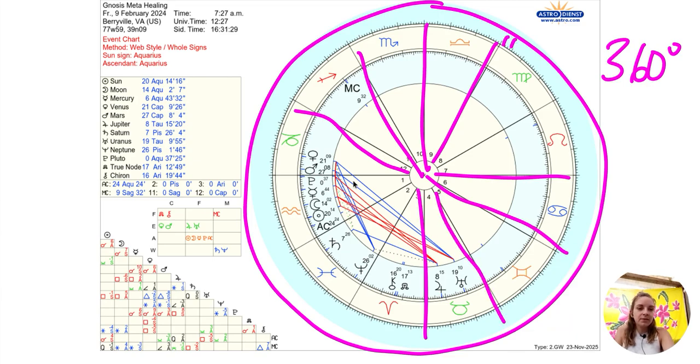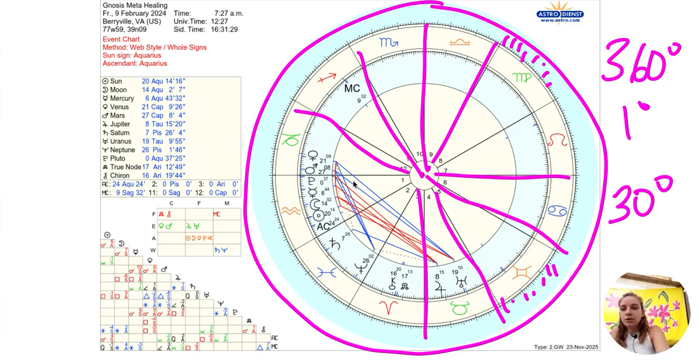So you can see these little tick marks around the edge. Each one of those represents 1 degree. So there are 360 of them around this whole circle, and each one of the 12 signs is 30 degrees. In astrology, we start with 0 and we go through 29.